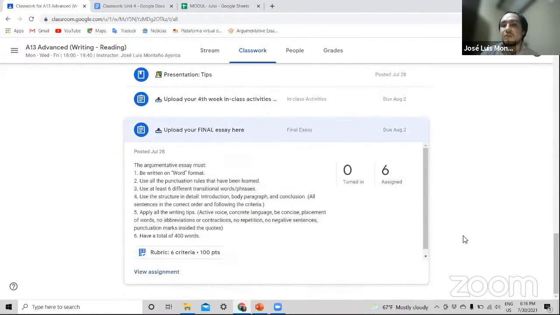And finally, you know, the final essay. The big difference is that this is 400 words. Please don't forget that. It's 400 words. Everything is the same in terms of punctuation rules, transitional words and phrases. Remember, at least six. Some of you made the same mistake in the second essay and the third essay.